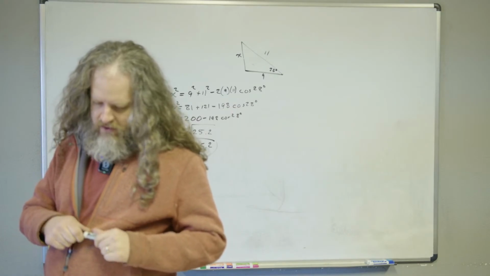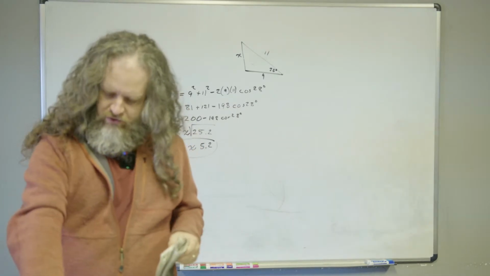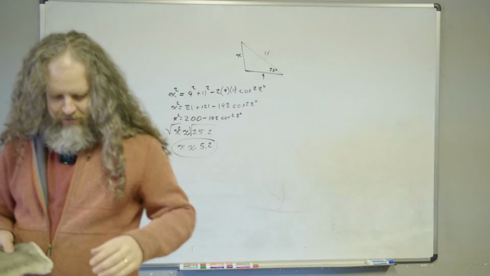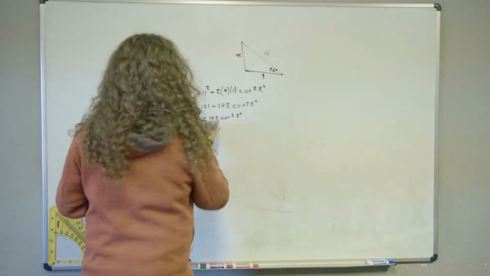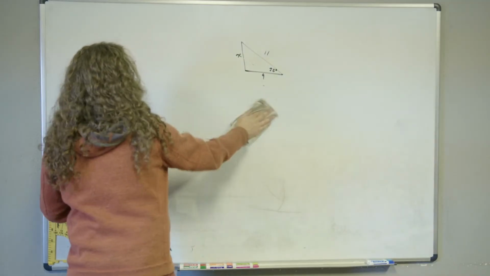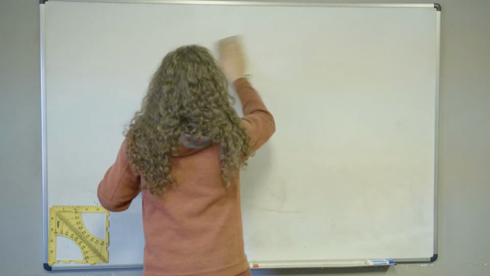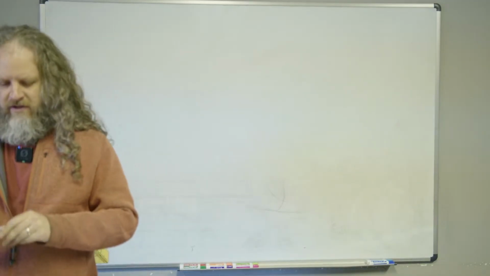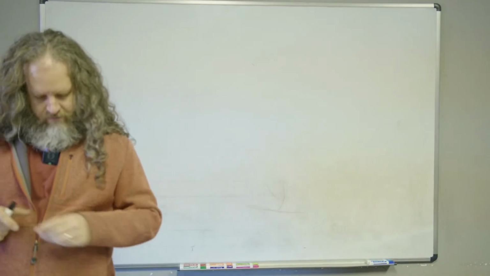All right. So we're going to do a problem that says solve the triangle ABC. What that means is find all of the missing things, sides, angles, whatever is missing in the given.